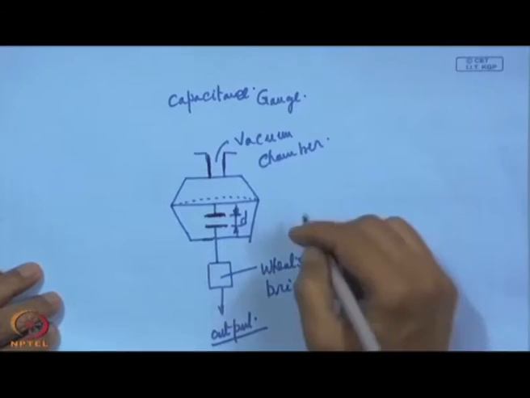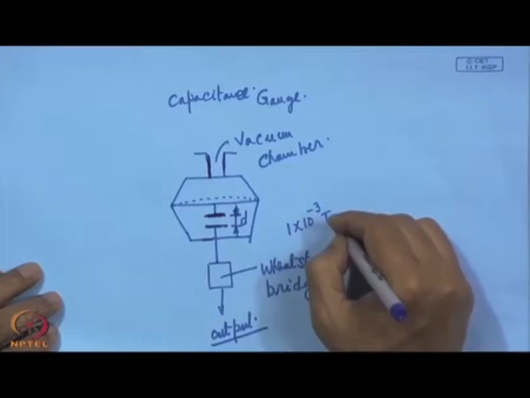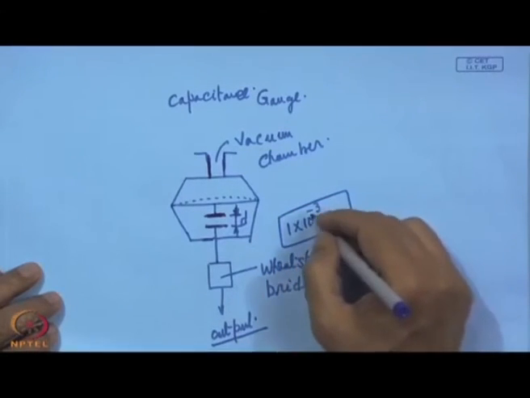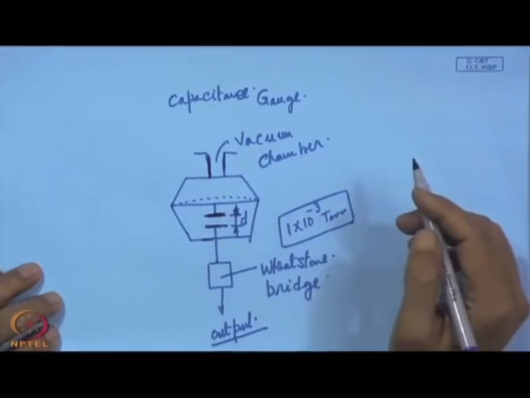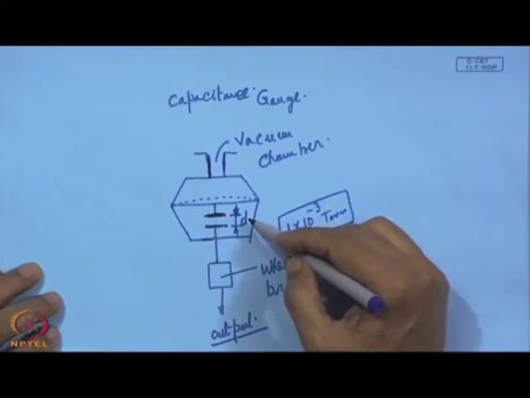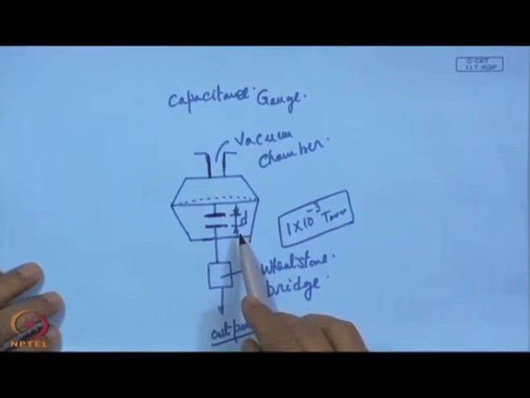So, this capacitance gauge is also used in the order of 10 to the power minus torr, and since it generates an electrical signal, this error signal can also be fed to the downstream side of an evacuation chamber, or during deposition, to monitor the opening of the valve which is controlling the pressure.